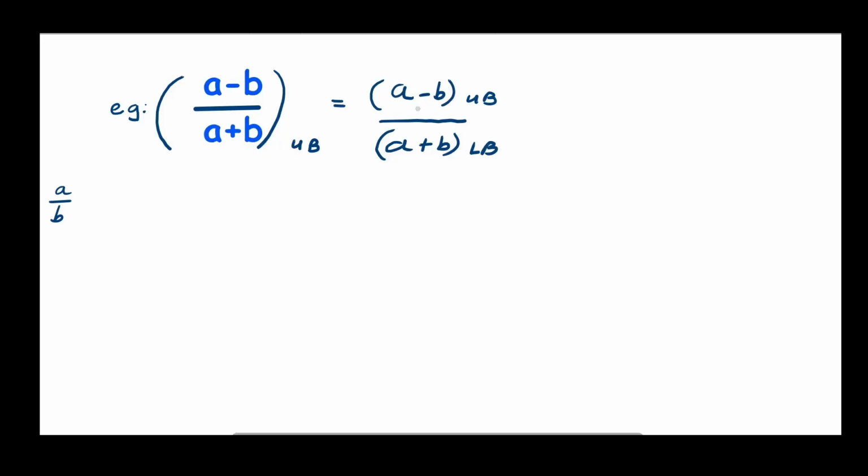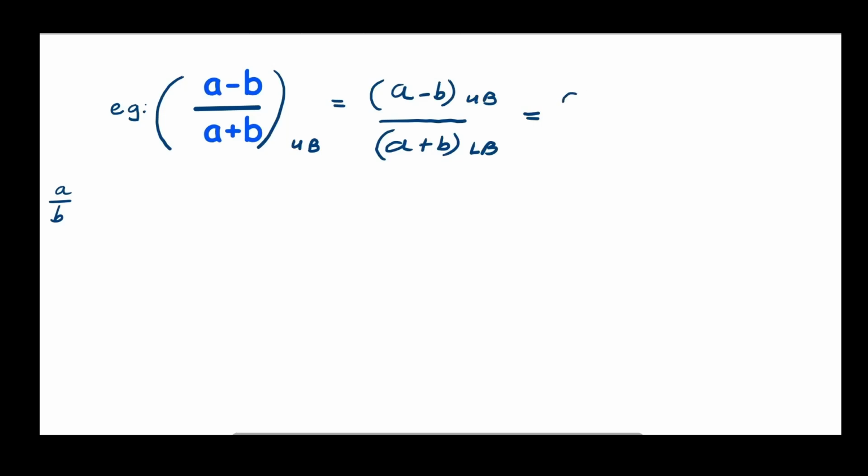When it comes to division, the numerator has to be the upper bound and the denominator has to be lower bound. Always to the numerator we apply the final accuracy you're asked to get. It means upper bound to the numerator, lower bound to the denominator, always different. And you have an expression here, therefore you have to apply it separately.